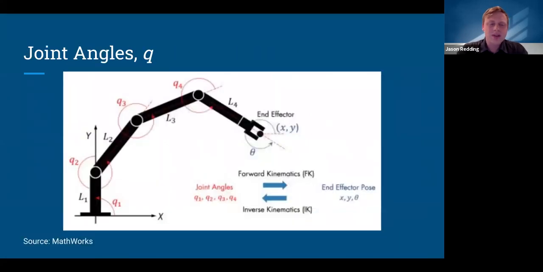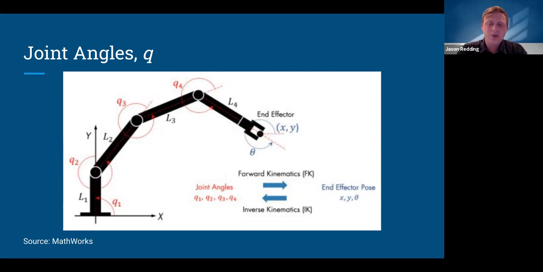Another topic that's important to understand is joint angles. Here is a 2D representation of a robot. Each joint has an accompanying Q, or joint angle, that together make up the end effector position and orientation, or pose.